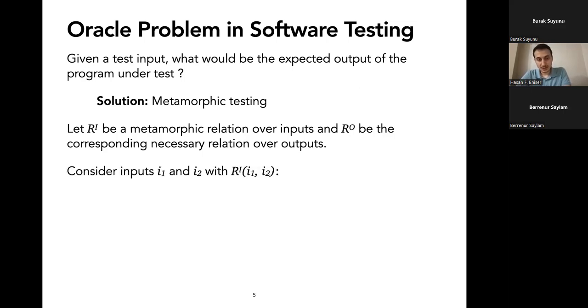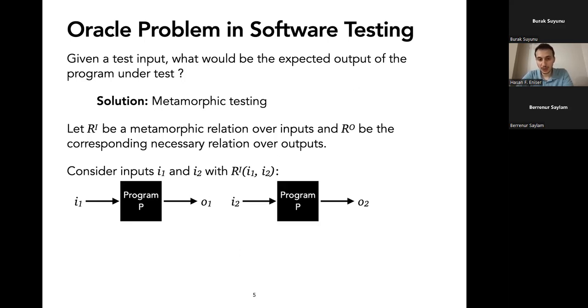So let's consider I1 and I2 satisfying some metamorphic relation. We feed the program P with I1, we obtain O1. We feed the program P with I2, we obtain O2. And in the end, we check whether O1 and O2 satisfy the corresponding necessary relation over outputs or not. If not, then we say that program P contains a bug.